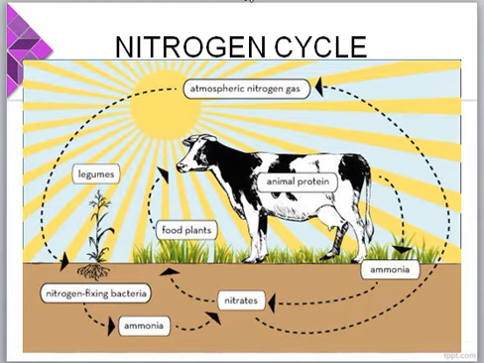The cycle between the abiotic environment and organisms has 5 steps. First is nitrification. Second, assimilation. Third, ammonification.